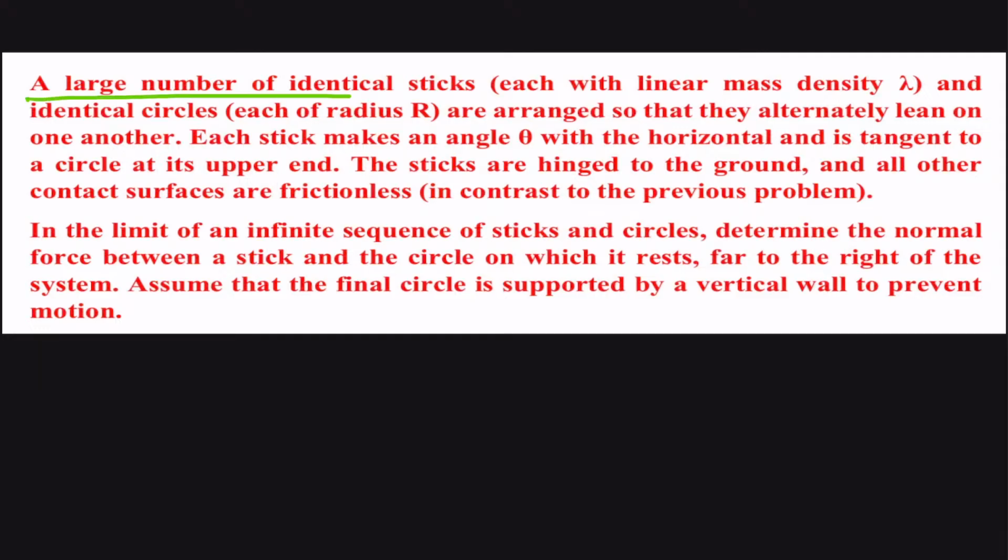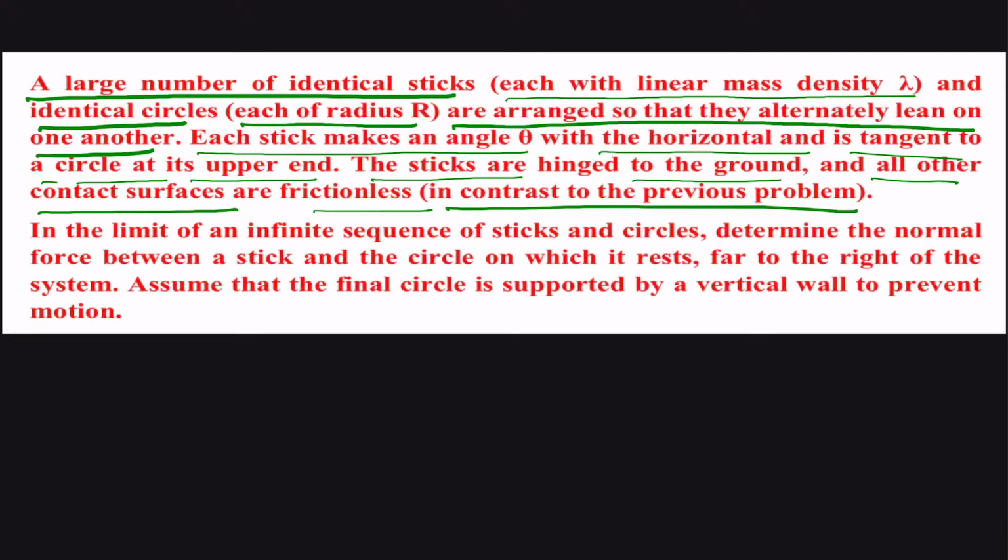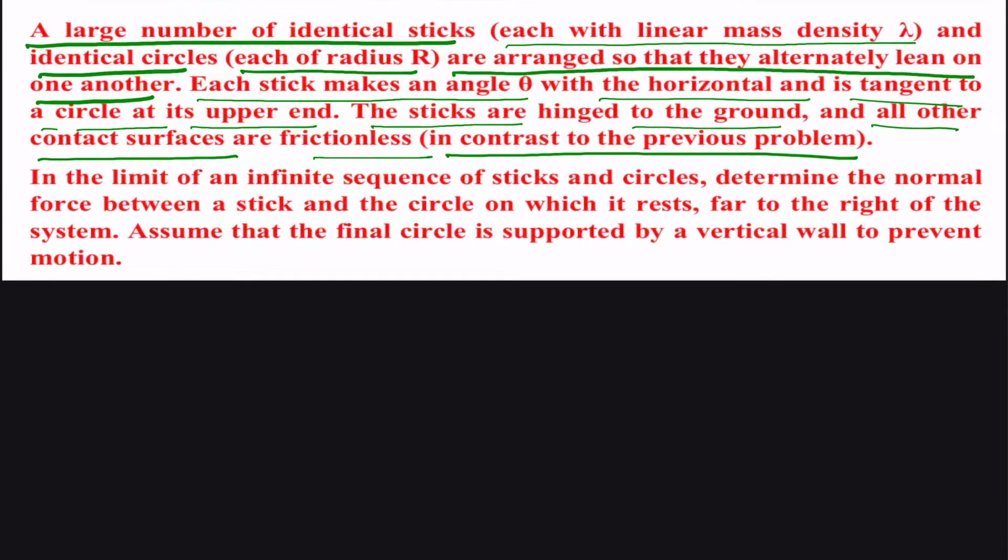A large number of identical sticks, each of linear mass density lambda, and identical circles, each of radius r, are arranged so that they alternately lean on one another. Each stick makes an angle theta with the horizontal and is tangent to the circle at its upper end. These sticks are hinged to the ground and all other contact surfaces are frictionless, in contrast to the previous problem. Okay, the previous problem is the first one which we discussed.